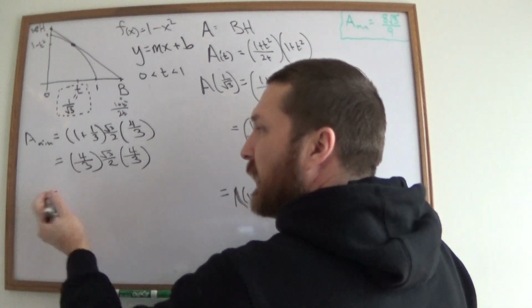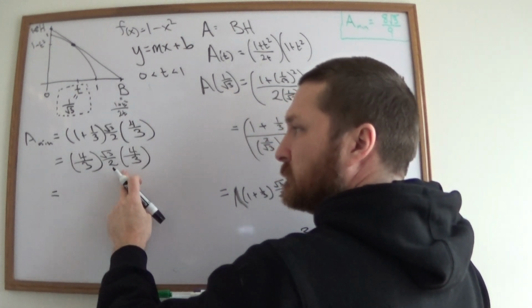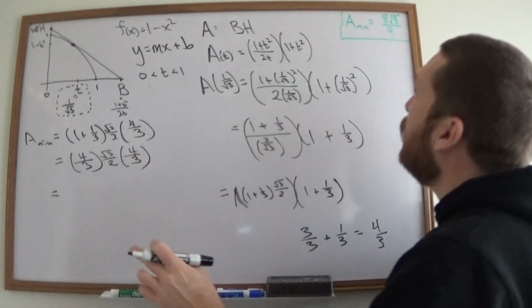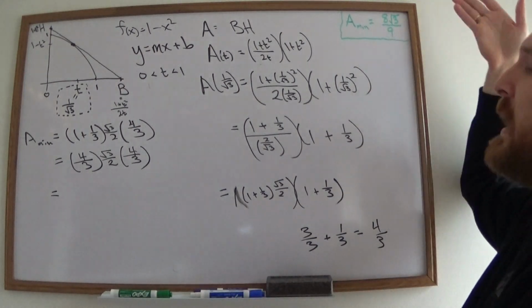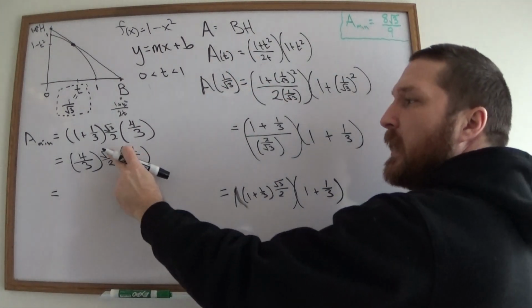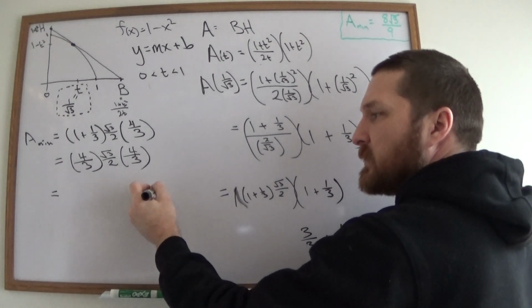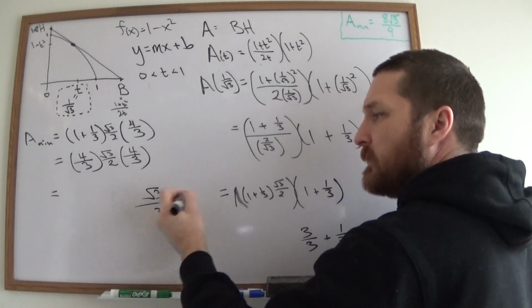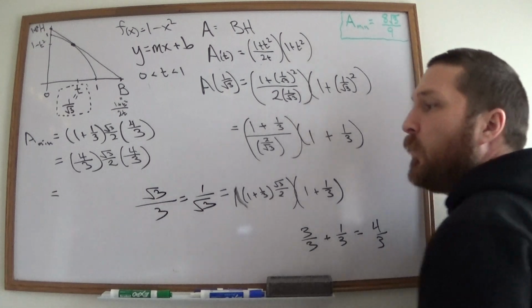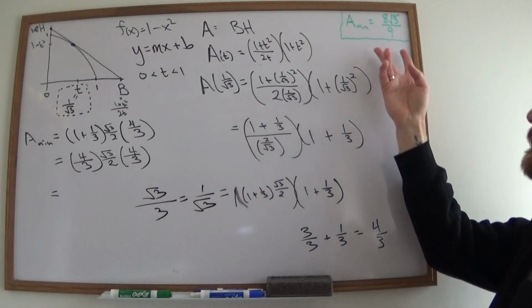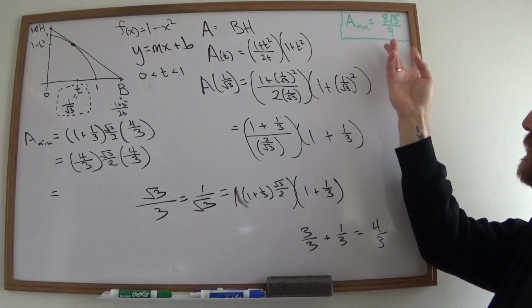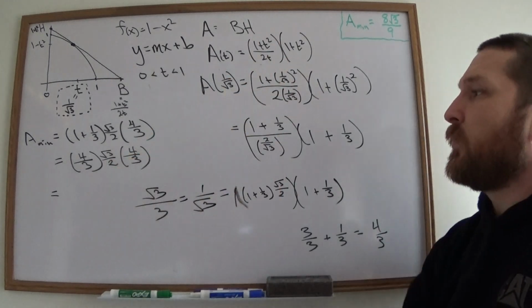One thing I noticed right away: I was about to say the root 3 cancels, because root 3 over 3 is the same as 1 over root 3, which would be true, but it doesn't get me closer to the answer I'm looking for. So I do want to keep that root 3 in the numerator.